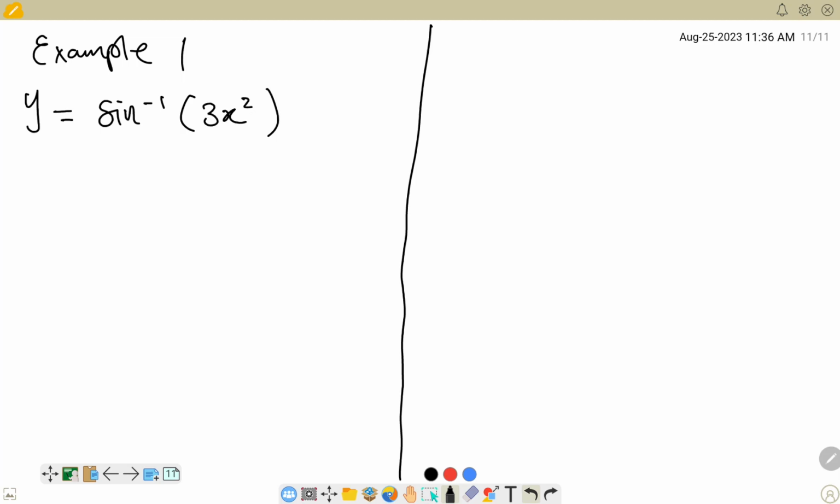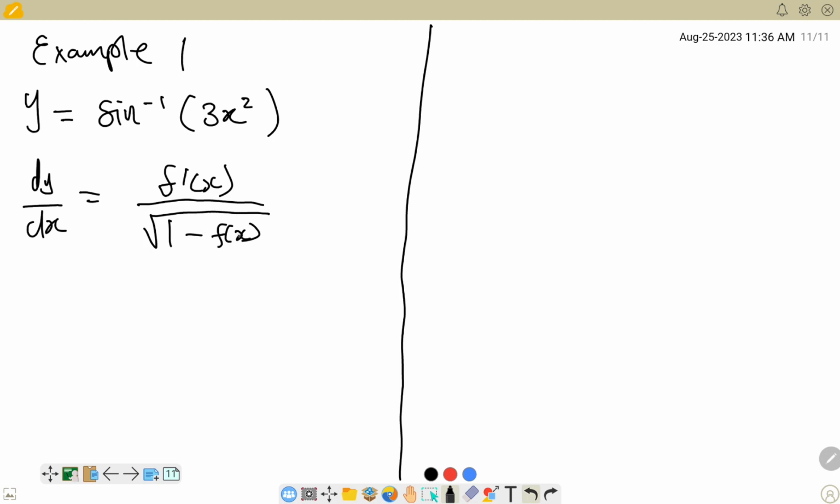I always advise my students that you must write the correct formula. That should be your first step. Check on your formula sheet, how do you differentiate arcsine? You will find that we differentiate it using this formula.